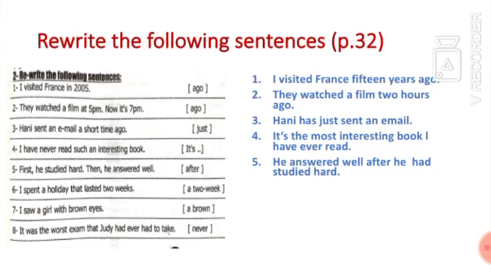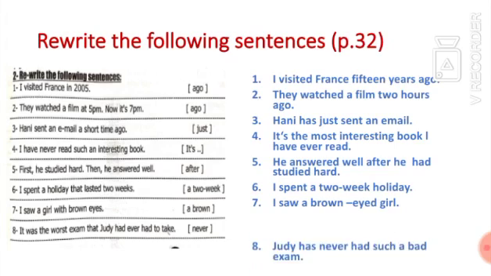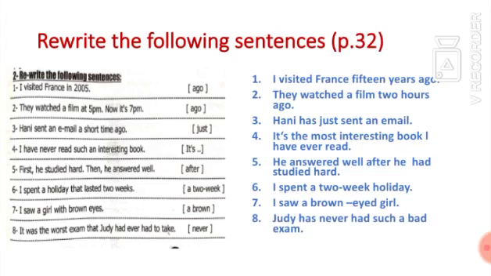I spent a holiday that lasted 2 weeks. I spent a 2-week holiday. Compound adjective. Number 7. I saw a girl with brown eyes. Use a brown. I saw a brown-eyed girl. Number 8. It was the worst exam that Judy had ever had to take. Judy has never had such a bad exam.